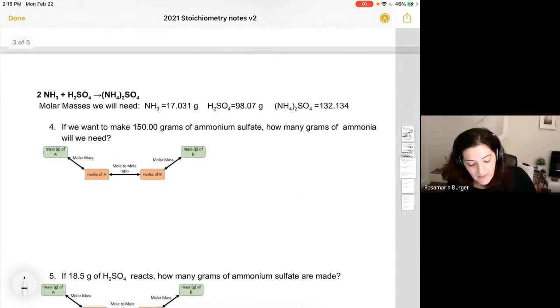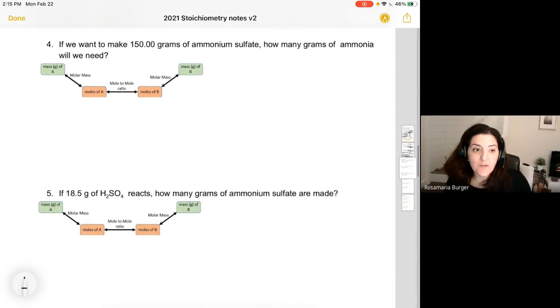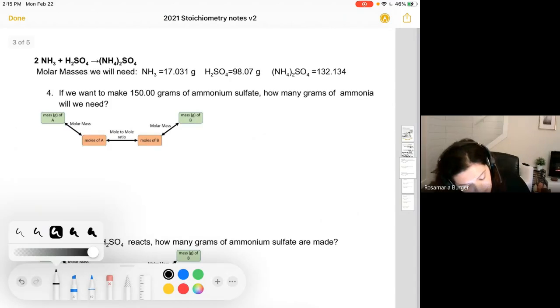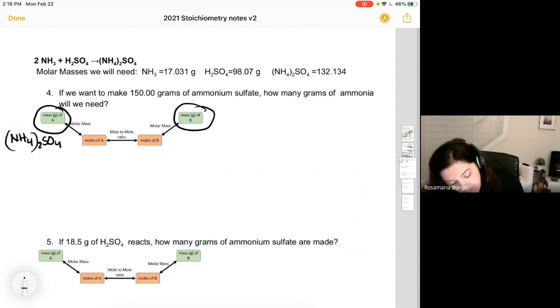Now we're going from grams to grams. Okay, so things are getting a little bit more complicated, but that is okay. We're starting with a mass of ammonium sulfate, which is NH4 to SO4, and we want to get the mass of NH3.